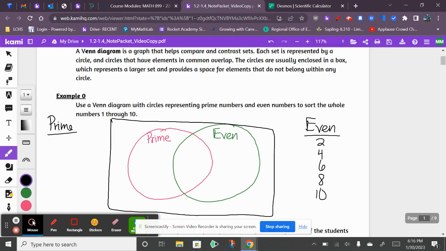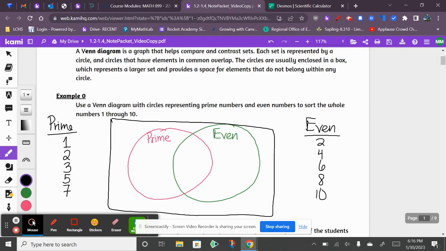So for instance, 1 is prime because only itself and 1 can go into 1. 2 is also prime because only 1 times 2 will give you 2. 3 is prime. 4 is not prime because you have 2 times 2. 5 is prime. 6 is not prime because you have 2 times 3. 7 is prime. 8 is not prime because you have 2 times 4. Same with 9, 3 times 3. And 10 is 2 times 5. So these are our prime numbers.